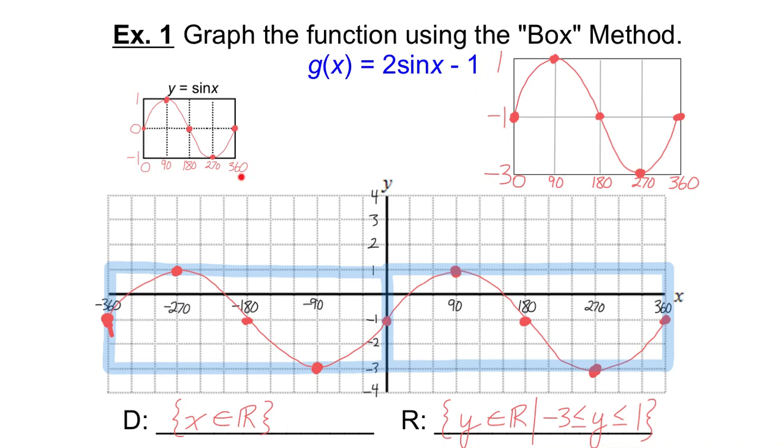Your start and end values remain unchanged unless you have k or d values in your equation. If you have a vertical reflection, then your curve would go down first instead of up first. And once you've figured out your box for your function, you can use that to make an accurate graph and make as many cycles as you want on the graph.